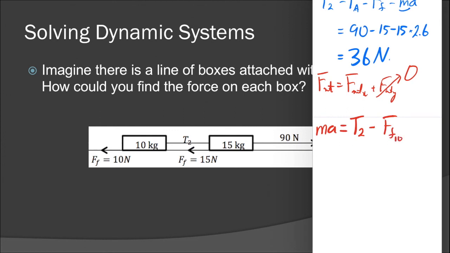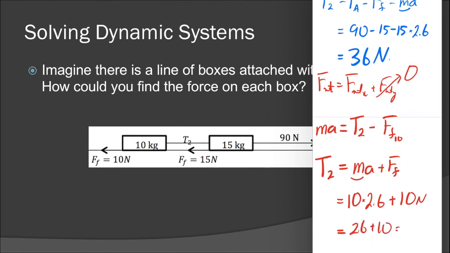So solving for our tension, this tension force is equal to our mass times acceleration plus the force of friction. Now the mass of this system is equal to 10 kilograms times 2.6 plus the force of friction, which is 10 newtons, and this is equal to 26 plus 10, which is 36 newtons. The same answer as we got before. So here you can see that the tension force is the same no matter which system you choose.